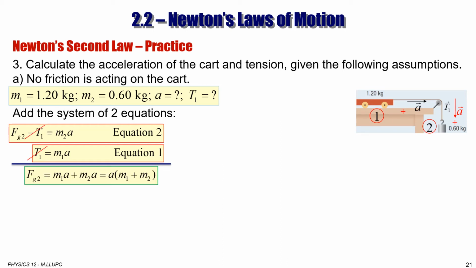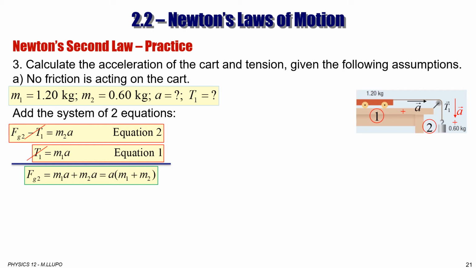So on the left is Fg2, and on the right we have m1a plus m2a. So a is common, we can factor it. So there's m1 plus m2.